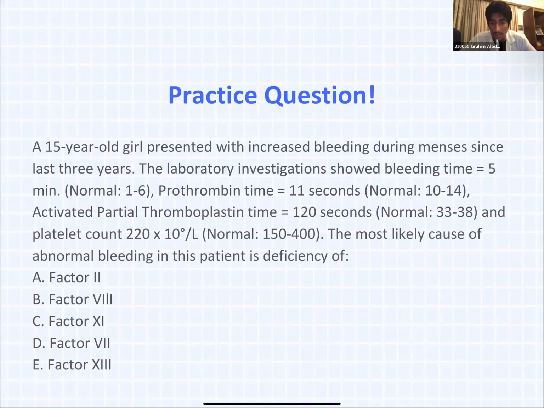The most likely cause of this abnormal bleeding is the patient's deficiency of. This is a very tricky question, you guys. So take a second and think about it. I think this is the trickiest it could get, honestly.